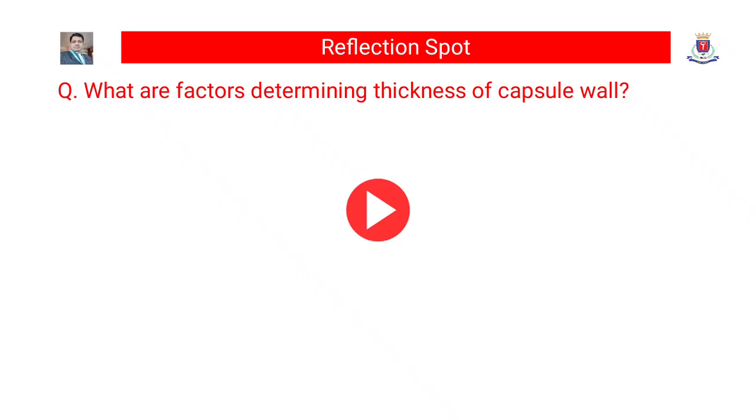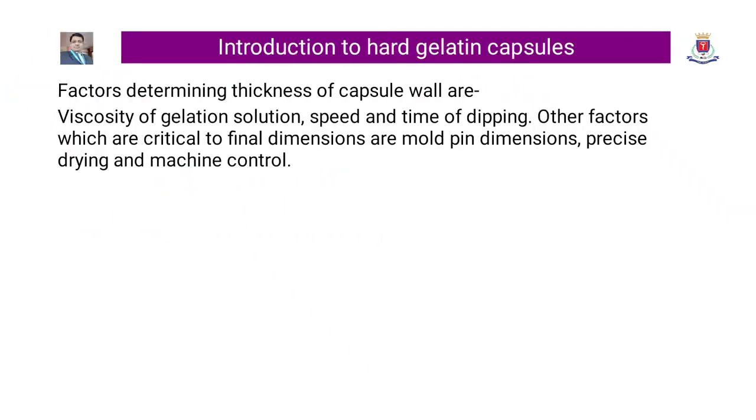Now we will discuss factors determining thickness of capsule wall. Viscosity of gelatin solution, speed and time of dipping are the important factors determining thickness of capsule wall. However, some other factors which are critical to final dimensions of empty shell are mold pin dimensions, precise drying and machine control.